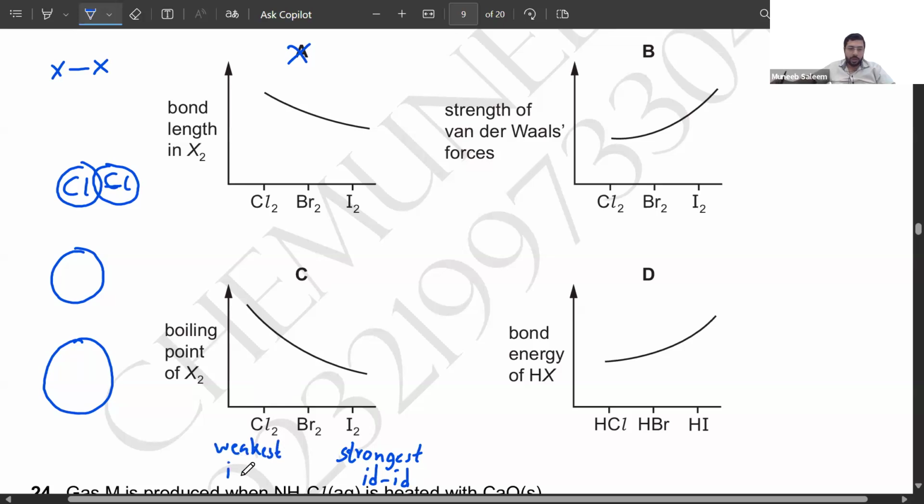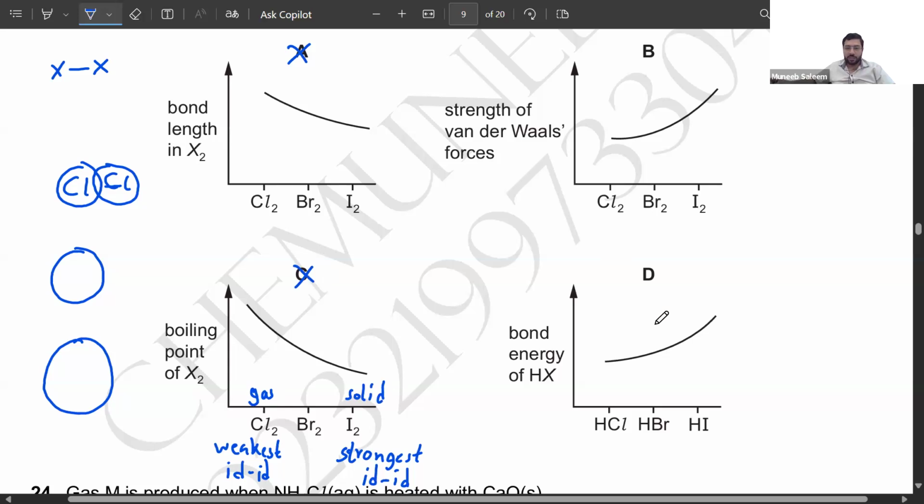Considering that, chlorine will have the lowest boiling point, that's why it is in the gas state, and iodine is in the solid form at room temperature and pressure. That's why C is wrong.